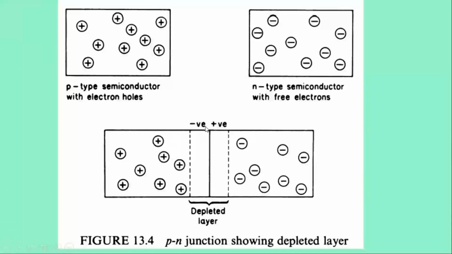In this region, we have these electrons that would have combined. For example, on the P side, we have these aluminum atoms from the dopant. On the N side, we have those extra electrons from the group 5 dopant, for example phosphorus.